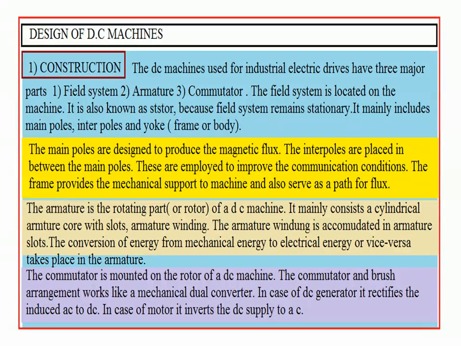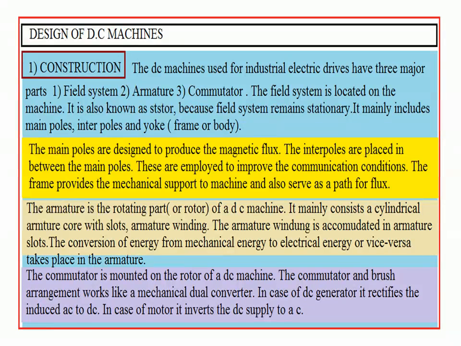It mainly includes main poles, interpoles and the yoke or frame of the machine. The main poles are designed to produce the required amount of magnetic flux, because in modern days almost all electrical machines are electromagnetic type, because a huge amount of magnetism can be produced.